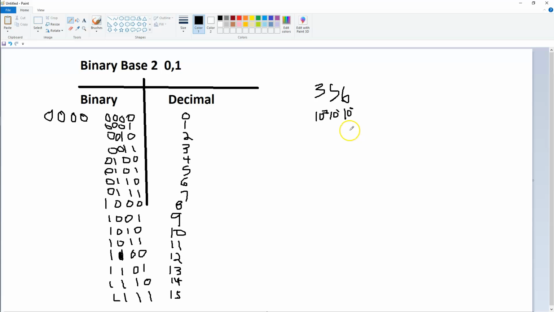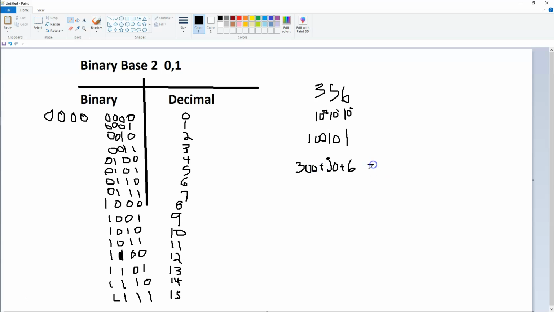So 10 to the 0 is 1, 10 to the first is 10, and 10 squared is 100. I multiply 1 times 6, which is 6. 10 times 5 is 50. And 100 times 3 is 300.